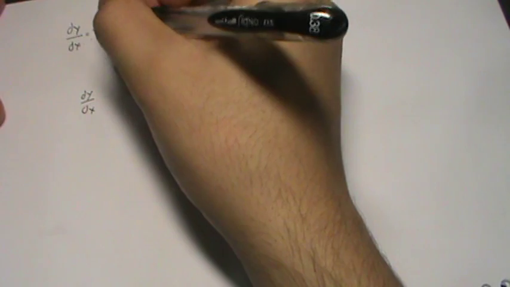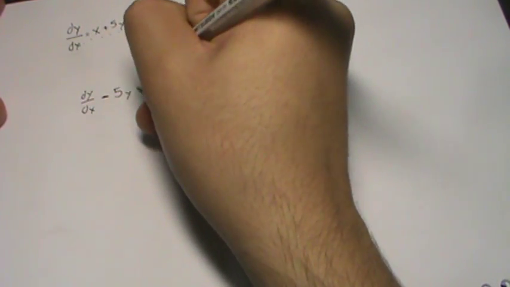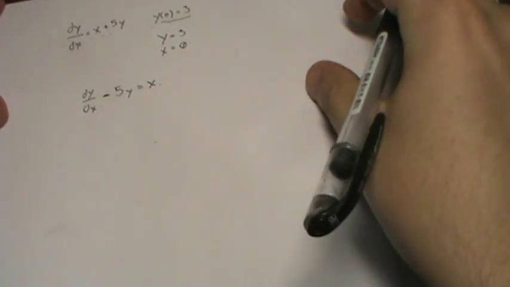Now let's solve it. First of all, we have to put it in the same fashion that we have been doing all the time. So we have dy over dx, then we pass this one to the other side, so it's minus 5y, equal to x.